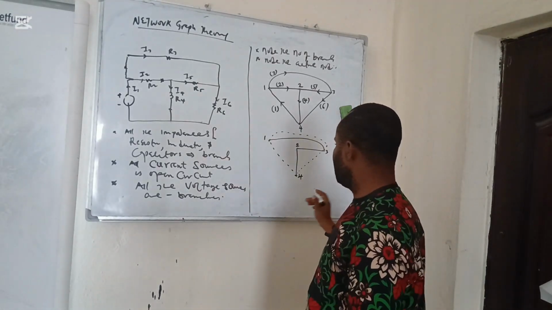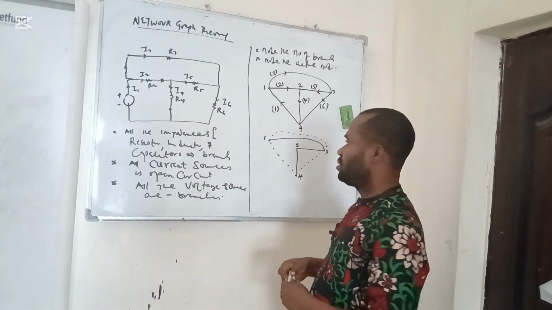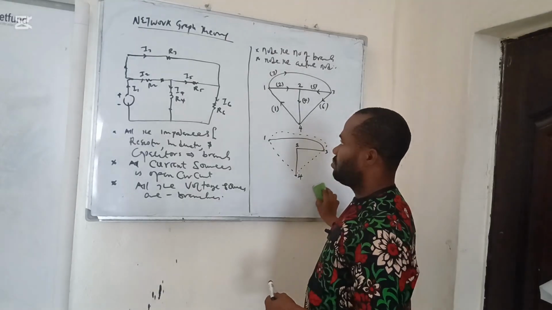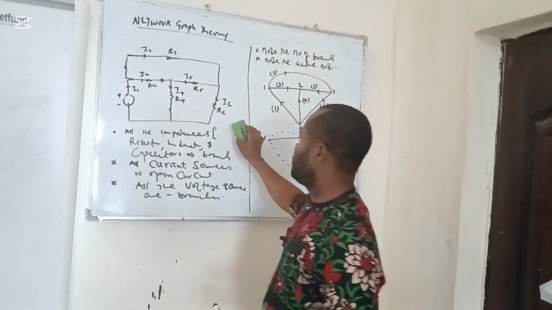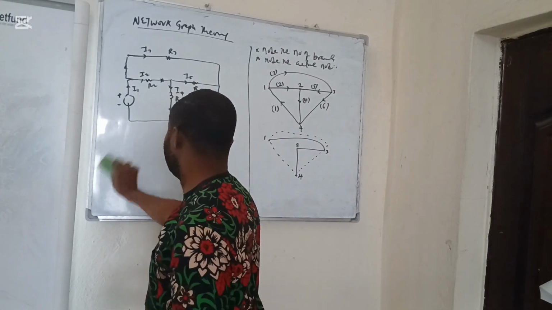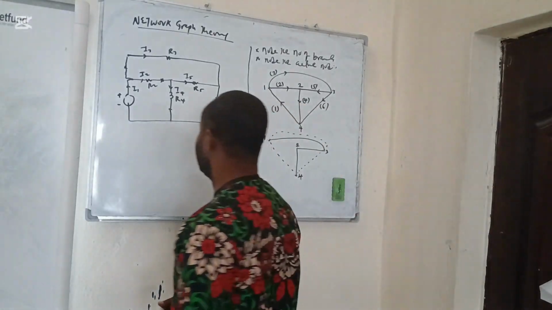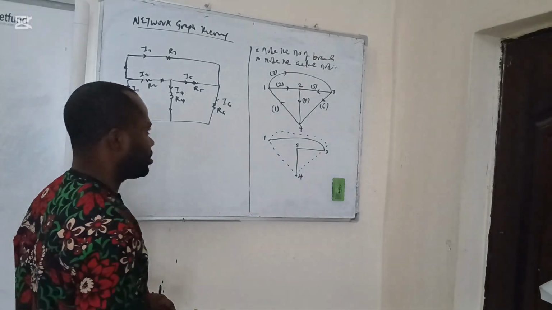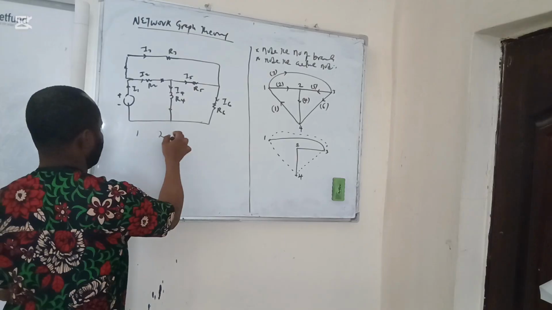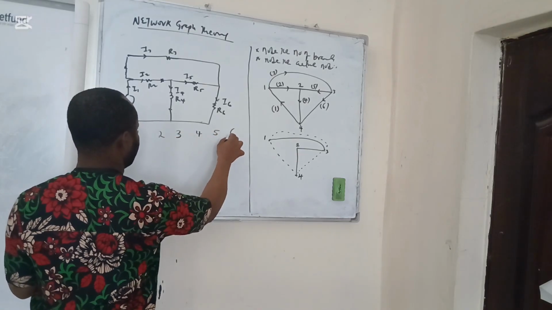So at this point, we can also have one of the very important matrices we can form from this. We call that incident matrix. So incident matrix has to do with a branch and also the node of the network. So in this situation, we have 1, 2, 3, 4, 5, and 6.